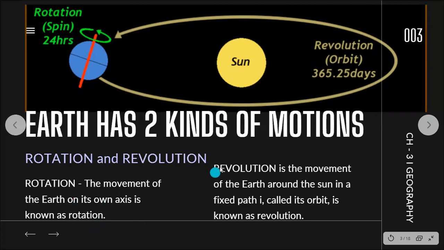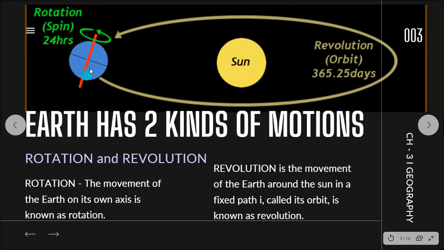Now revolution, students, is the movement of the earth around the sun in a path called its orbit, right? So this revolution, movement of the earth around the sun on a fixed path known as the orbit, is known as revolution.